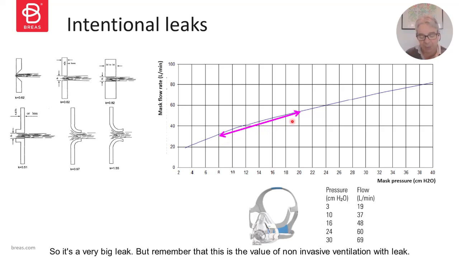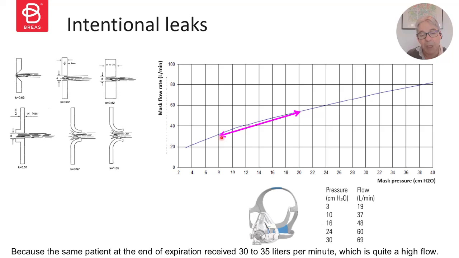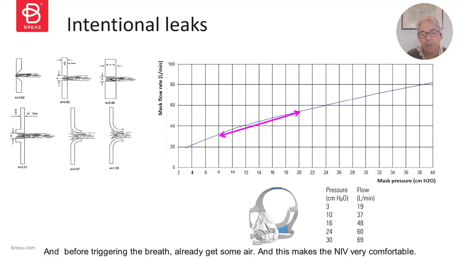It's a very big leak, but remember that this is the value of non-invasive ventilation with leak, because the same patient at the end of expiration received 35 liters per minute, which is quite a high flow, and before triggering the breath already gets some air, and this makes the NIV very comfortable.